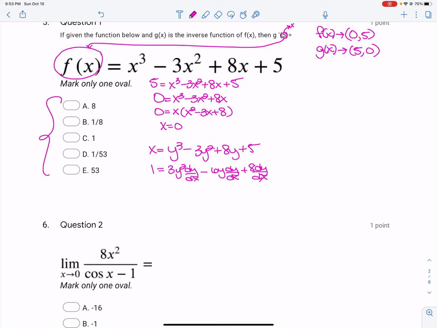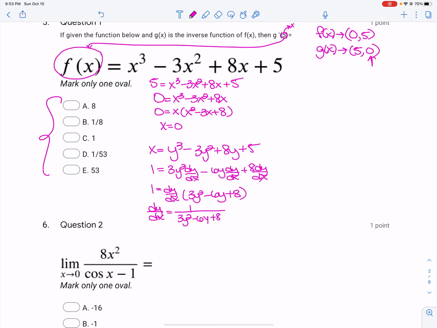And now I can factor out a dy/dx. So 1 is equal to dy/dx times (3y squared minus 6y plus 8). And so I'm dividing both sides by that term so I can get dy/dx by itself. So I get 1 over (3y squared minus 6y plus 8).